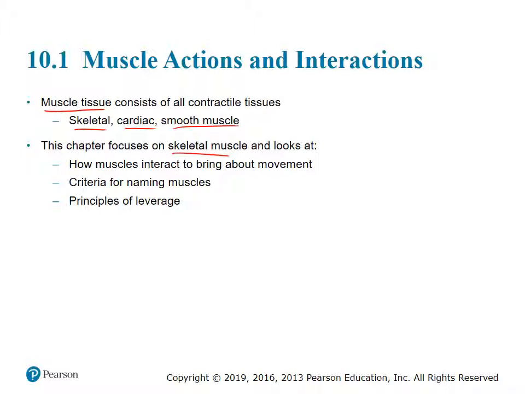Our focus here is skeletal muscle, and in that regard we look at how muscle brings movement. We'll discuss the criteria, and we'll look at what we call leverages or levers, which uses a little bit of physics to apply force and watch that force be applied to an object being moved, whether that be a body part or something weighted on the body that is being lifted.